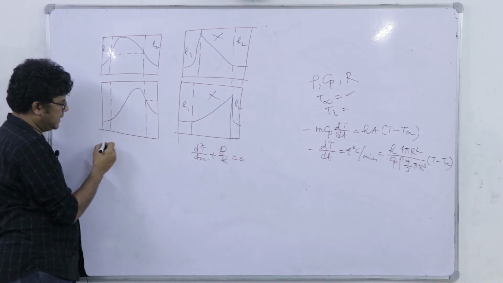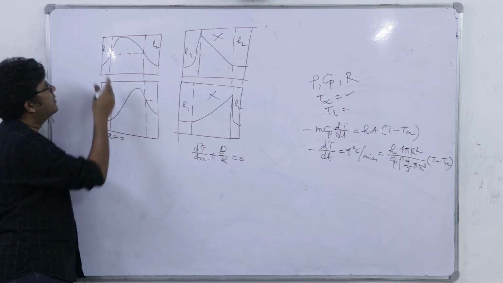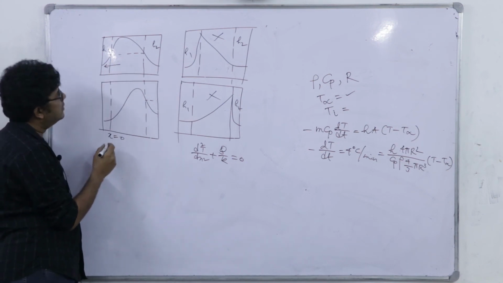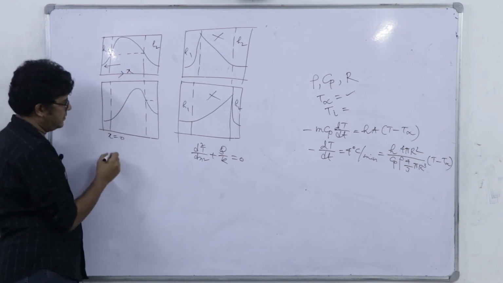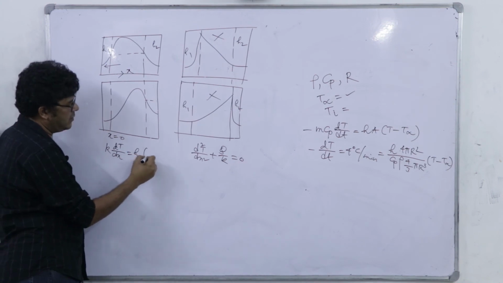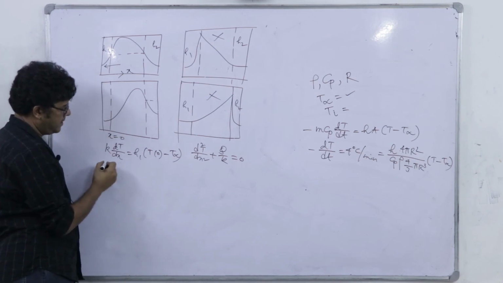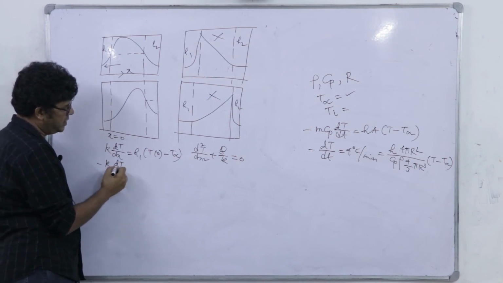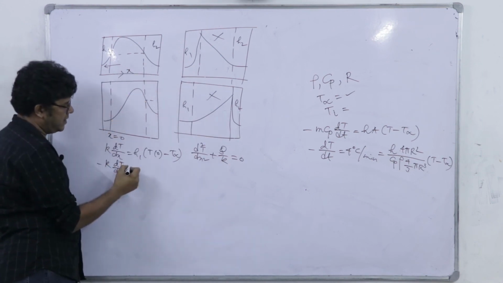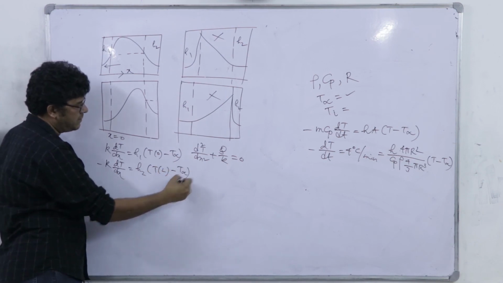Now, we know that at the boundary, at x equal to 0, heat is being dissipated, right, in the negative x direction. So, k dT/dx will be equal to h1 into (T at 0 minus T infinity), and minus k dT/dx at L is h2 into (T at L minus T infinity), right.